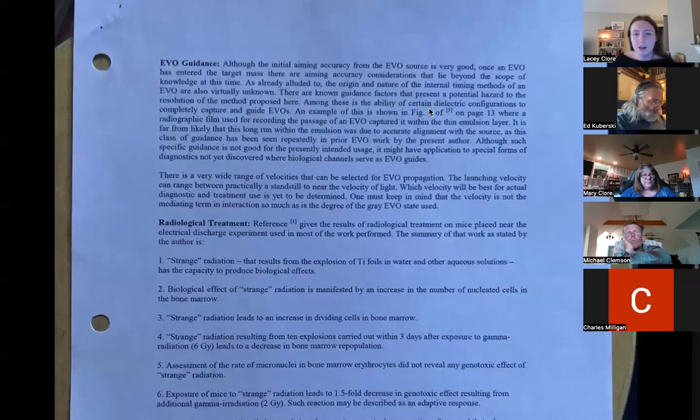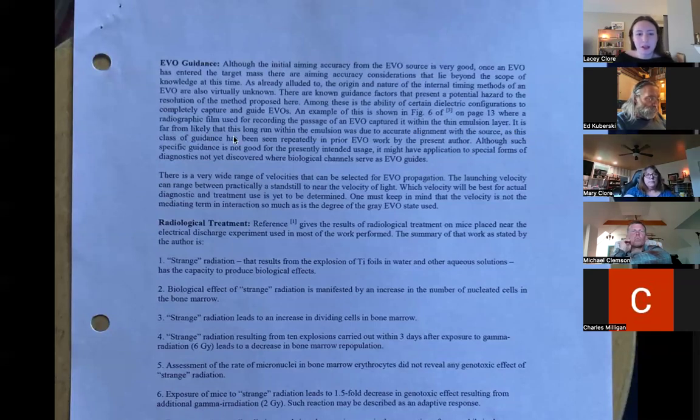Among these is the ability of certain dielectric configurations to completely capture and guide EVOs. An example of this is shown in figure 6 of 3 on page 13, where a radiographic film used for recording the passage of an EVO captured it within the thin emulsion layer.